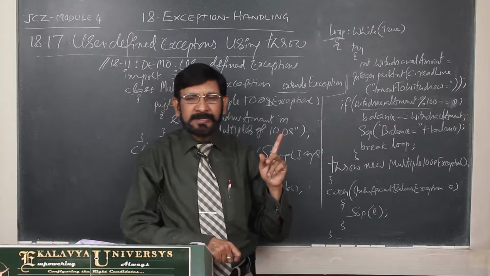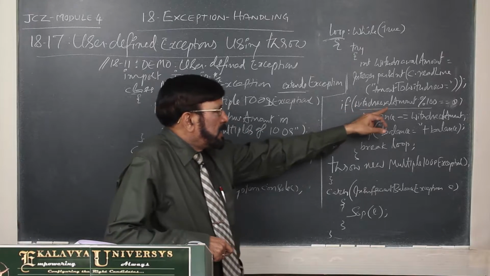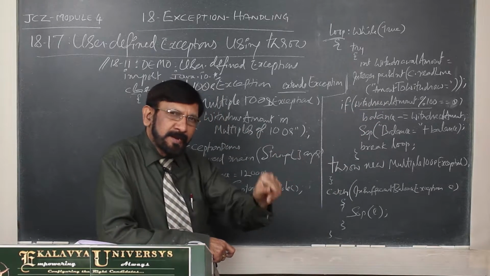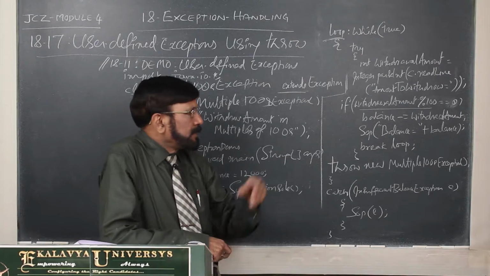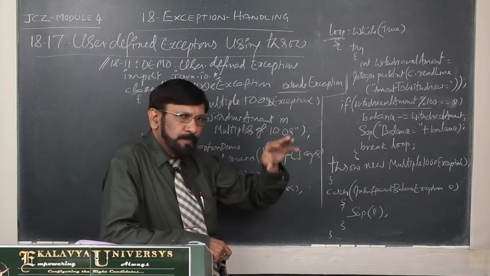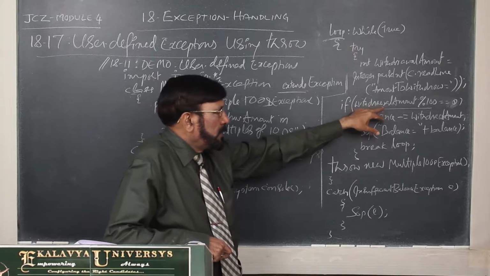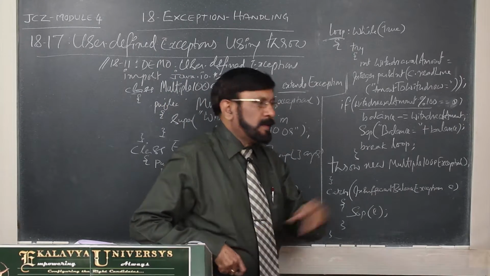You have to design the logical code properly. In the previous case, what I had written was that the withdrawal amount is greater than the available balance. Here, whatever amount you withdraw should be in multiples of 100. What code do you write?